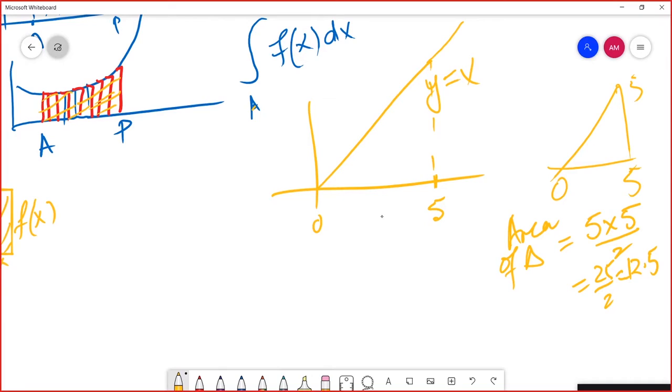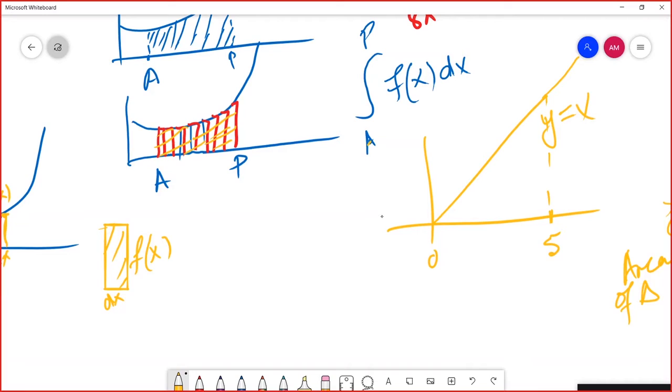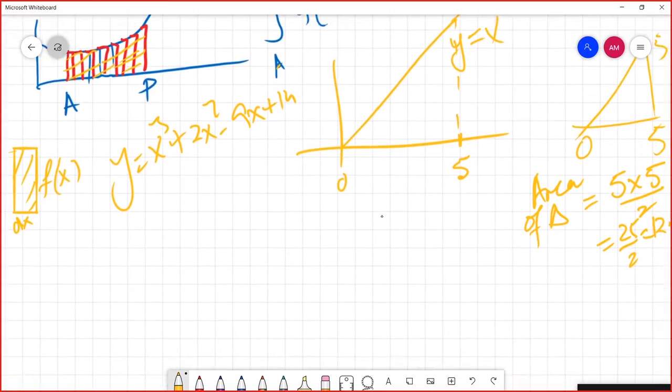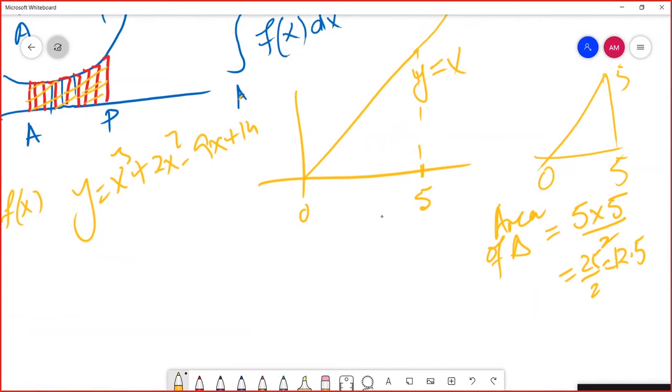Area of a triangle is easy, but what if this curve is not like this? Rather, it has a complex function like y is equal to x cubed plus 2x squared minus 9x plus 14. Now this becomes very complex. It is no more a triangle, right? So integration helps us.